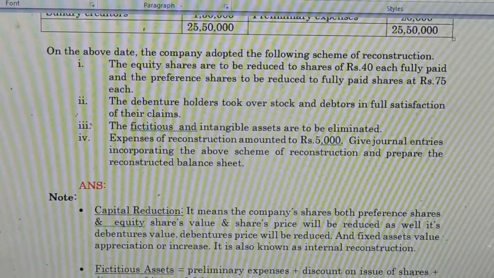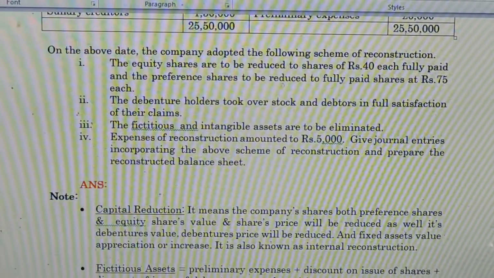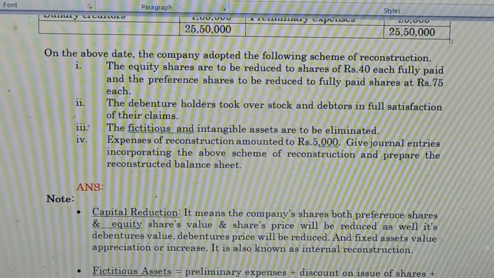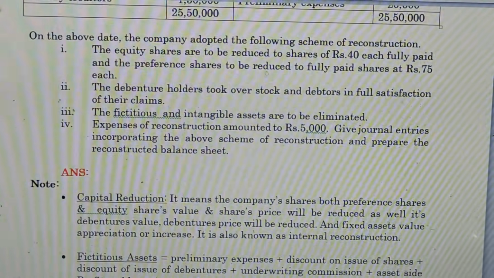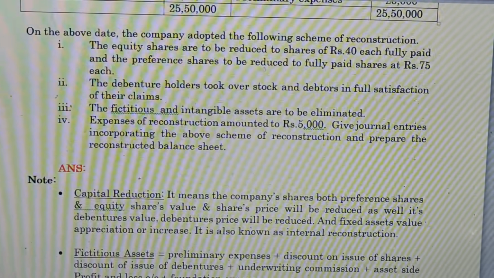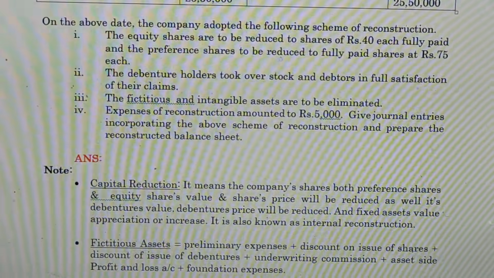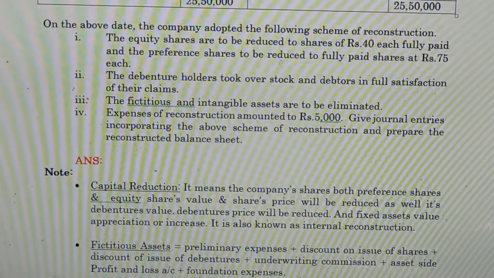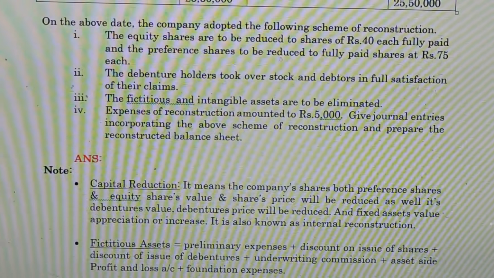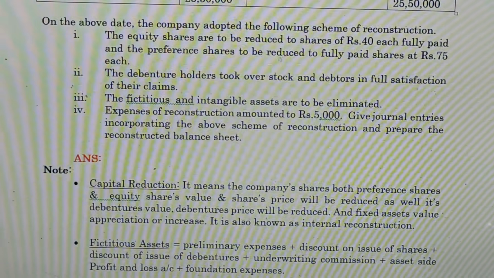The second point: the debenture holders took over stock and debtors in full satisfaction of their claims. The third point: the fixed and intangible assets are to be eliminated. The expenses of reconstruction amounted to rupees 5,000. Give journal entries incorporating the above scheme of reconstruction and prepare the reconstructed balance sheet as well.